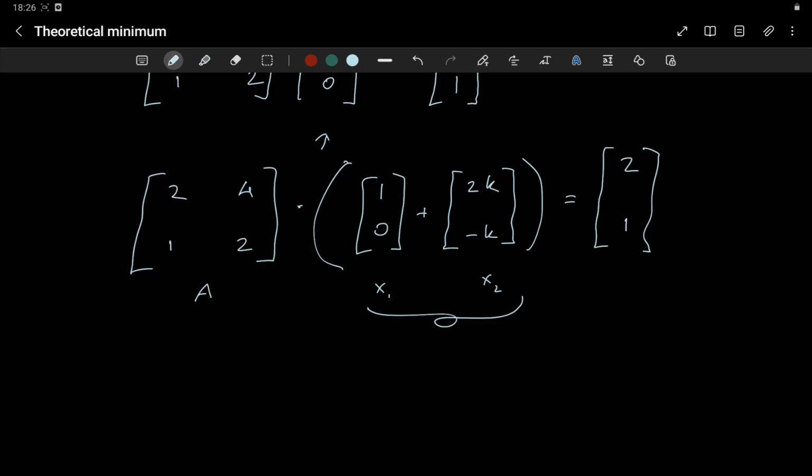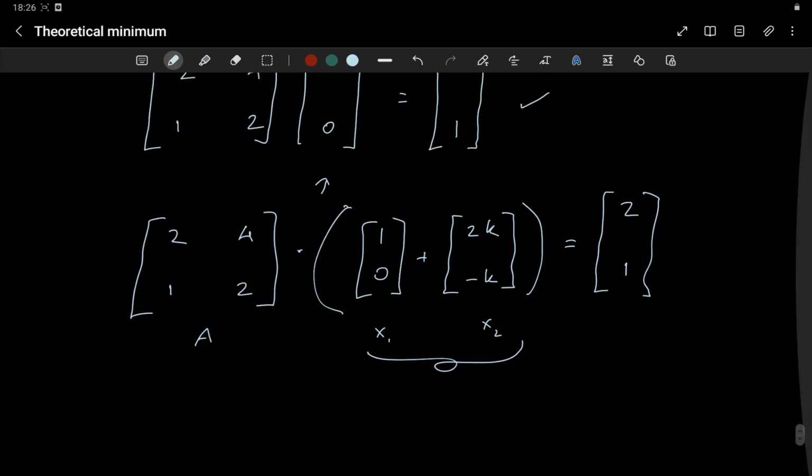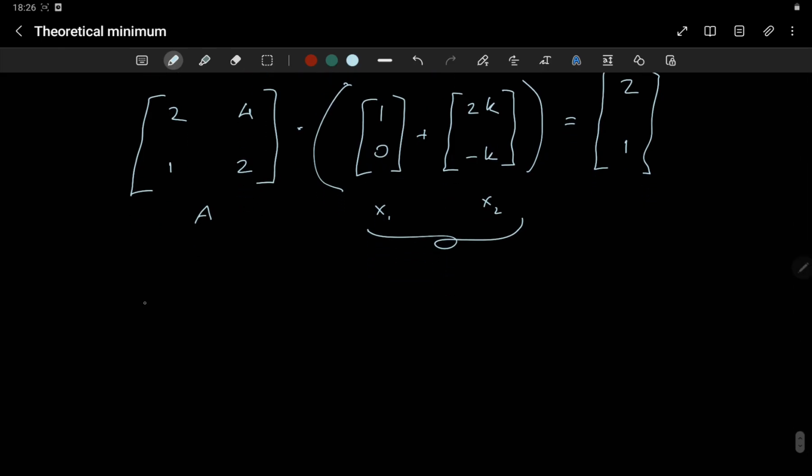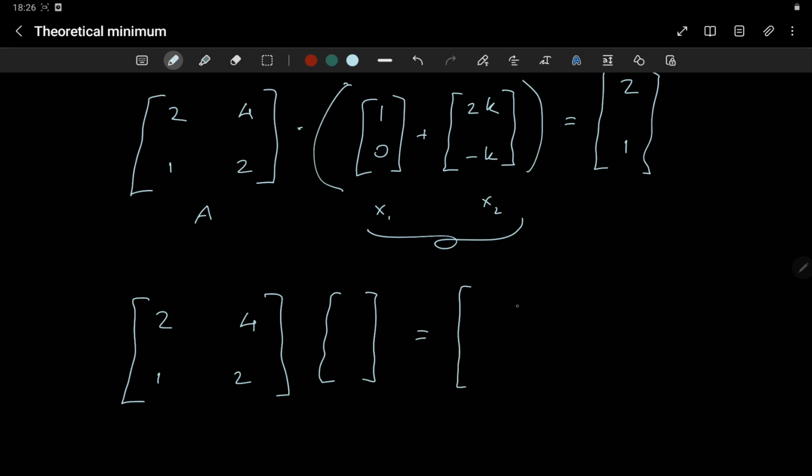Now let's check another condition. Once again A is 2 4 1 2, and how about b equal to 1 1?